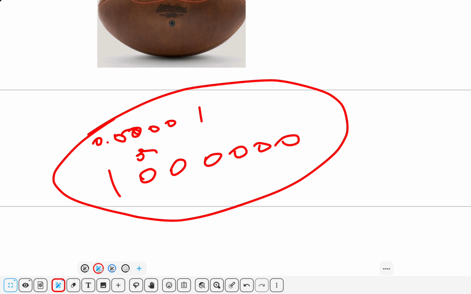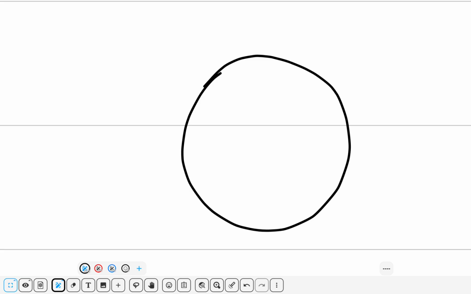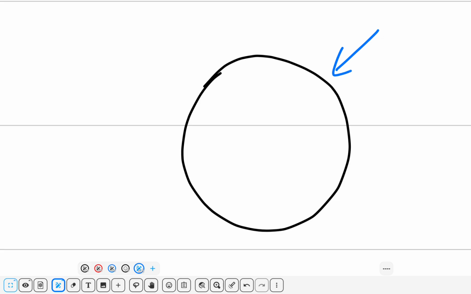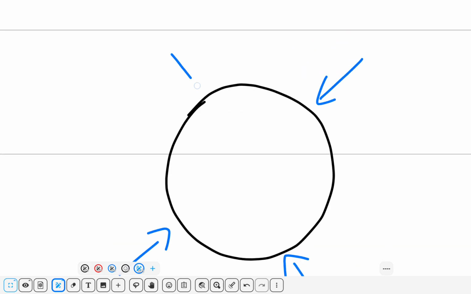So that's a continuous symmetry. Why does this matter in classical mechanics? If you have a planet, let's say this is our earth, and the earth has gravity which pulls everything towards the center.